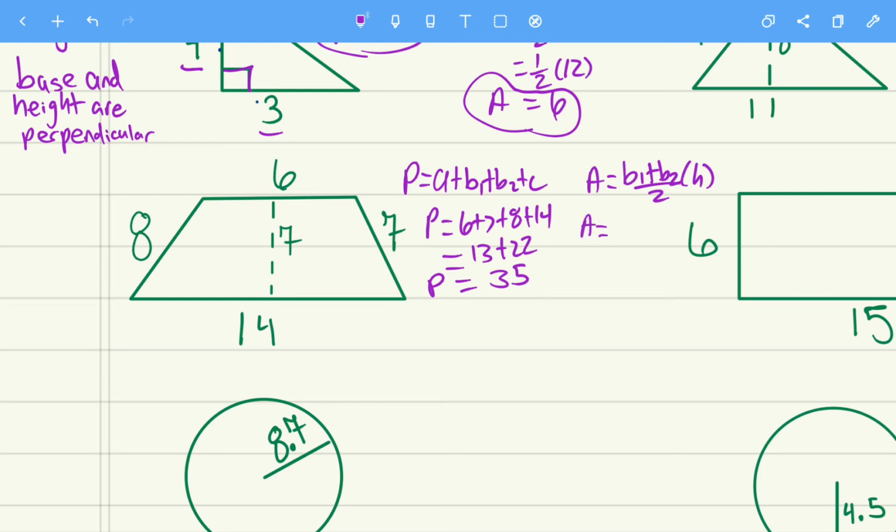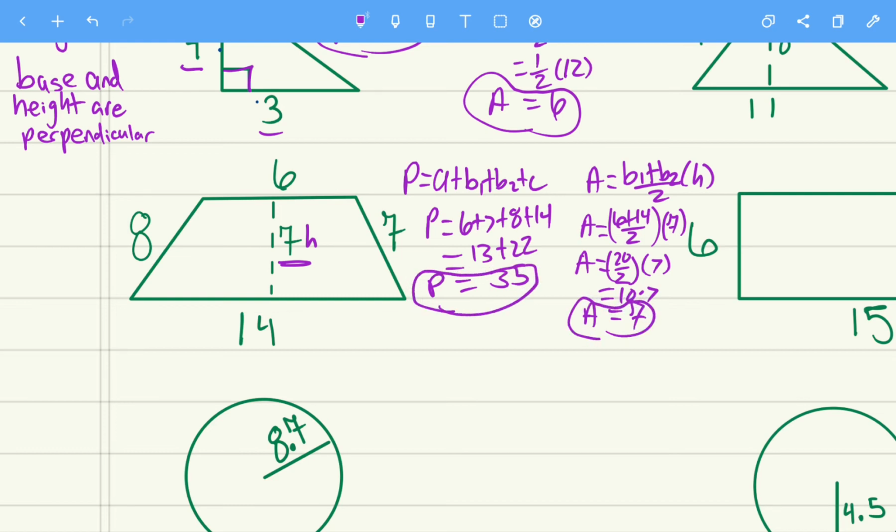So area is base 1 plus base 2 divided by 2 times the height. So we get 6 plus 14 over 2 times 7. The height is here in the middle. That leaves us with 20 over 2 times 7, which is 10 times 7, which is 70. So our area is 70. And our perimeter is 35.